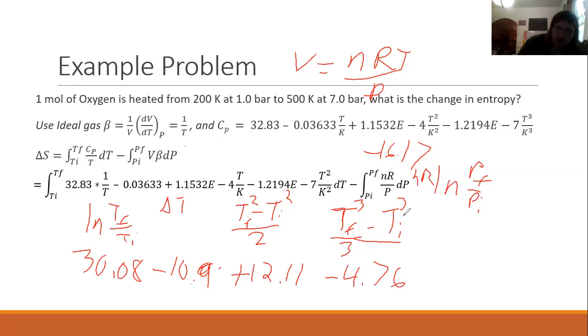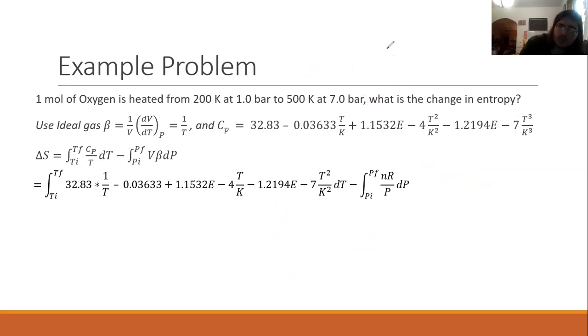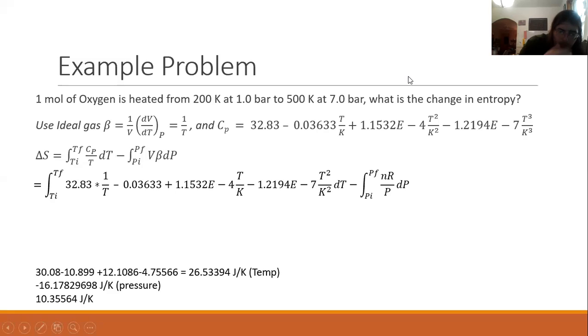The temperature change results in a net increase of entropy of 26.53. The pressure change decreases it by 16.17. So the net entropy change is 10.36. All things considered, not a big change, but a change nonetheless.